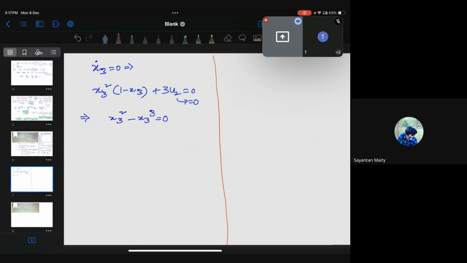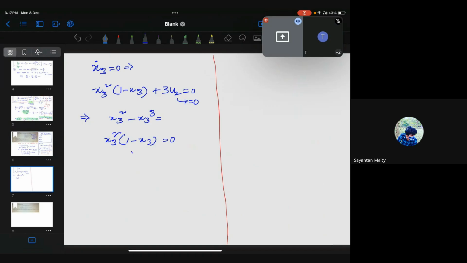Now this becomes x3 squared minus x3 cubed equal to 0. We can take x3 squared out, and it becomes x3 squared times 1 minus x3. Correct?